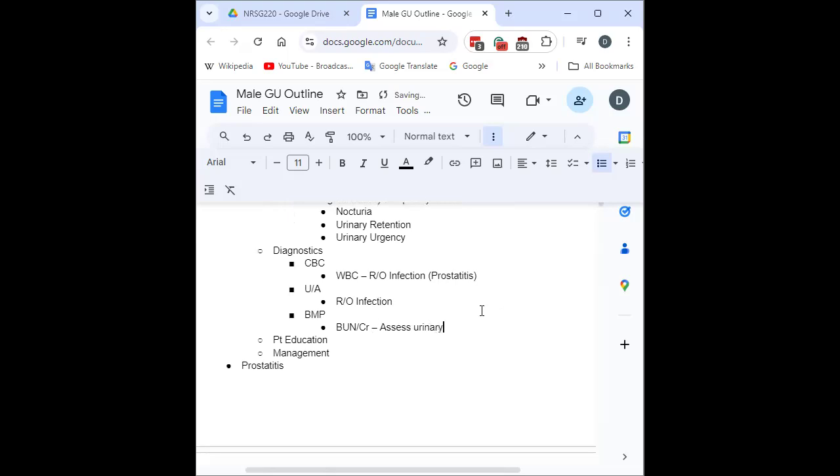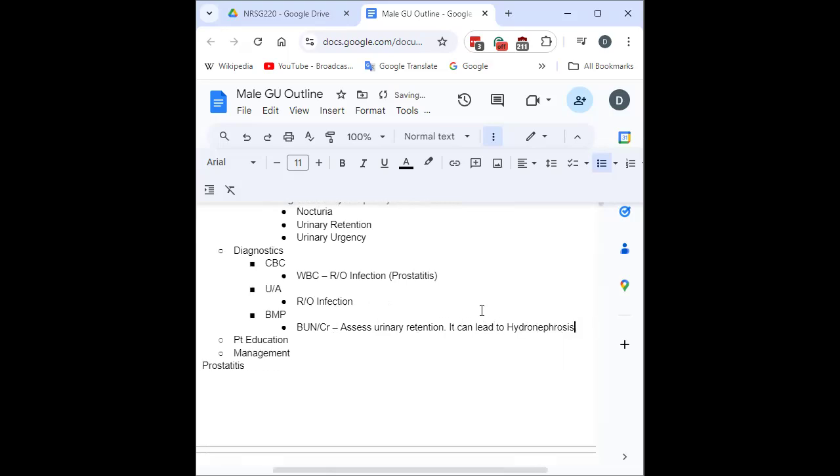Urinary retention can lead to hydronephrosis, like we talked about, which is the backup of urine or some sort of fluid in the kidneys. When that starts to happen, it might lead to infection in the kidneys. That's where some of your pyelonephritis can start happening.